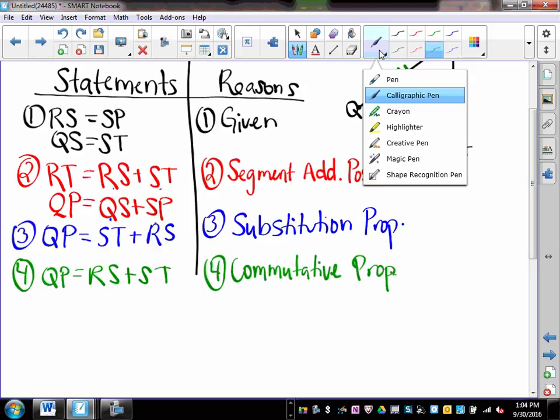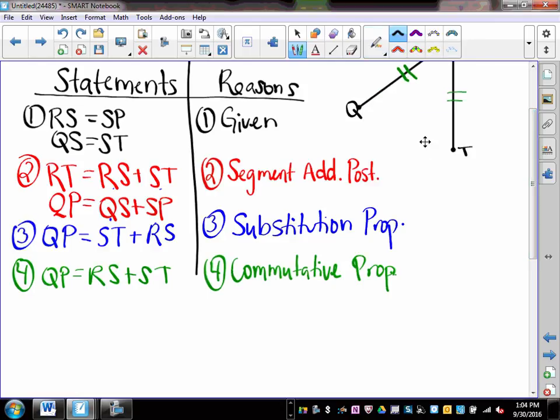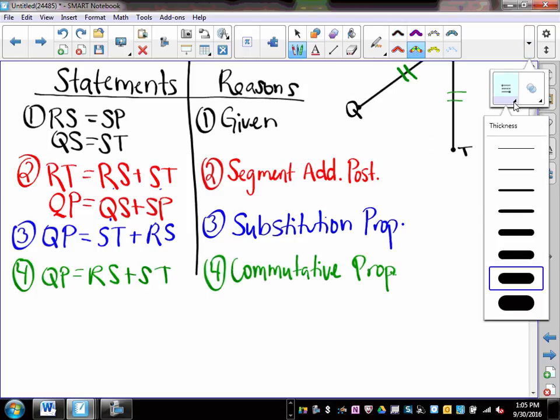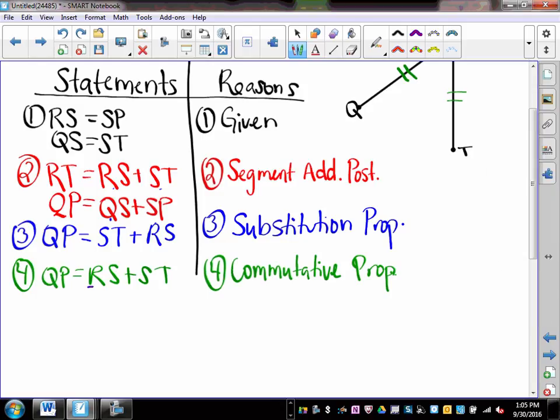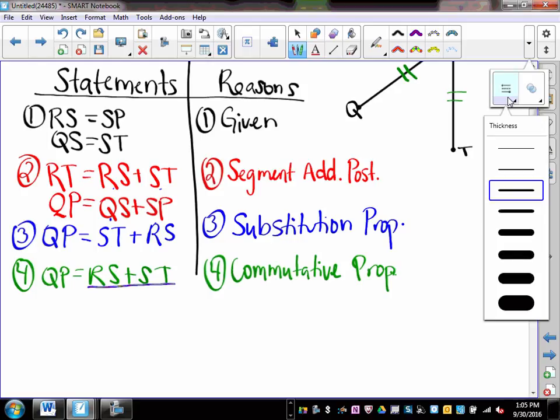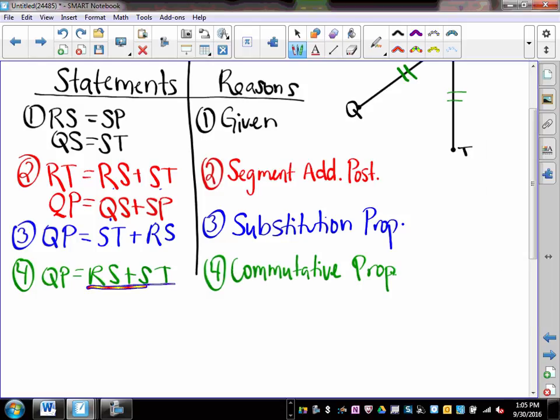Yes. Skip it if we already did it before. Now we said it equal to each other. All right. QP. It's like, click on one of them. I don't want it too thick. Is there like a squiggly one?